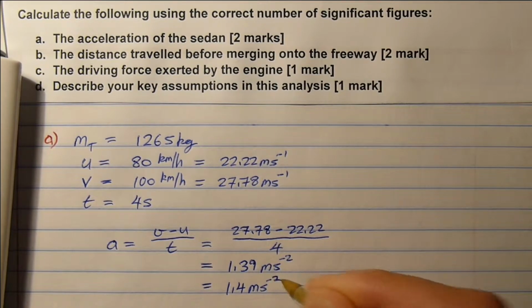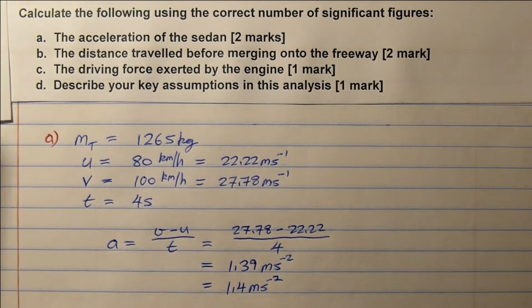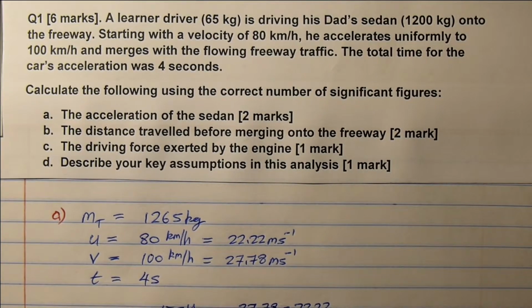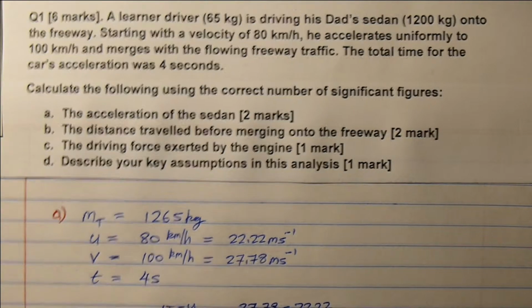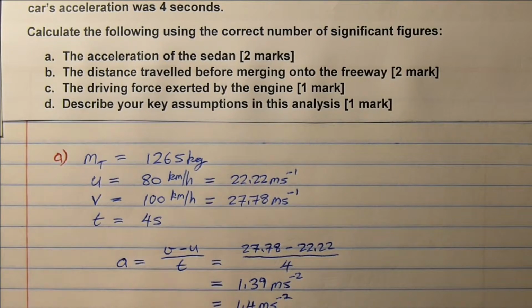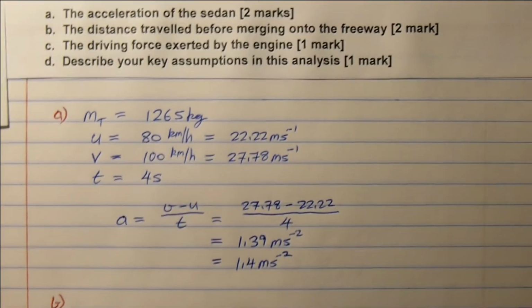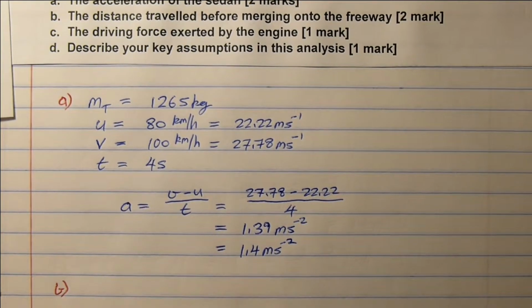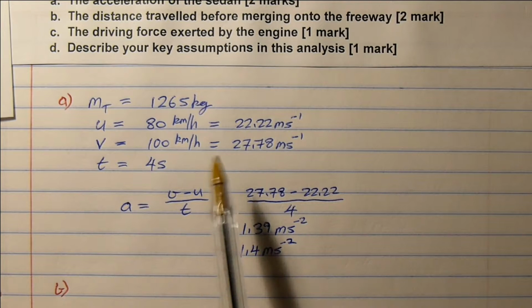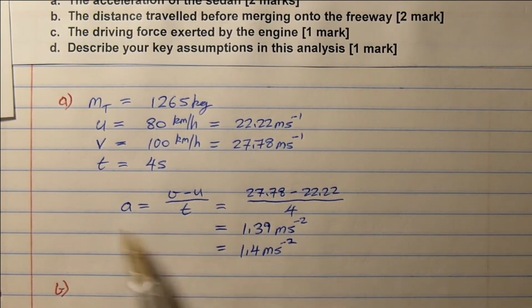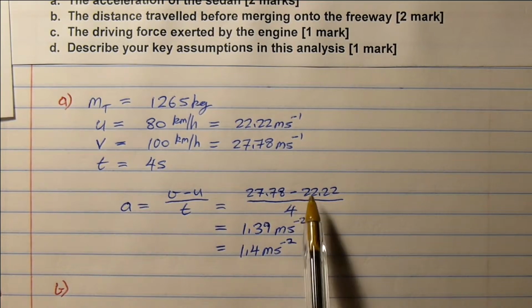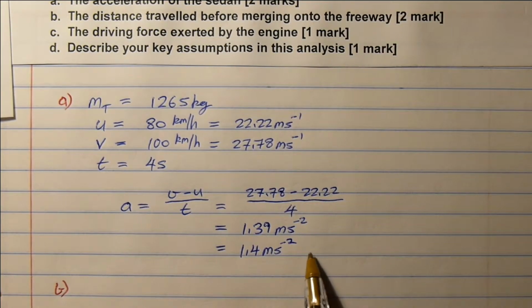So that'll be 1.4 meters per second squared. Okay, the next part is calculate the distance travelled, B. So I advise my students here, just be careful when you're dealing with the constant acceleration formulae, try not to use what you've just calculated up here, just in case you've made a mistake in here.